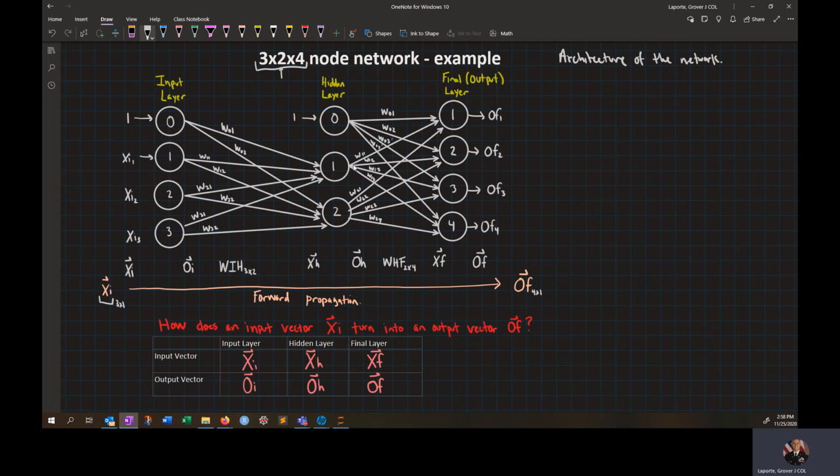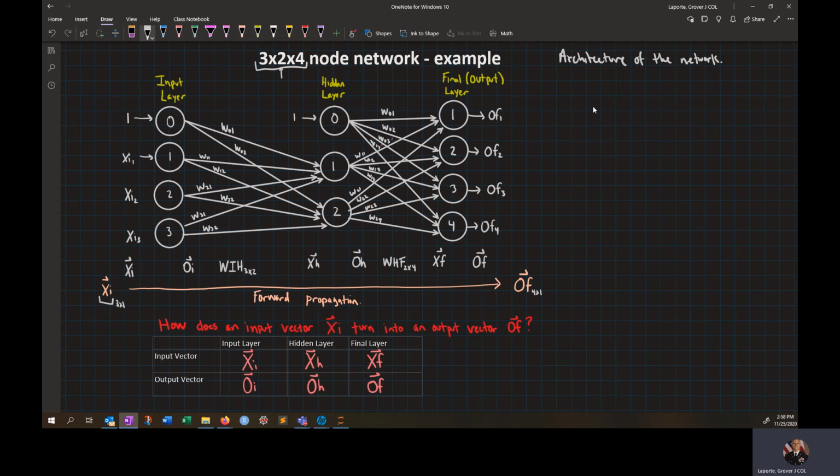Fortunately, the first step is fairly simple. To go from the input vector of the input layer to the other side, when it goes through these nodes, it doesn't do anything. These nodes do not have an activation function associated with them.